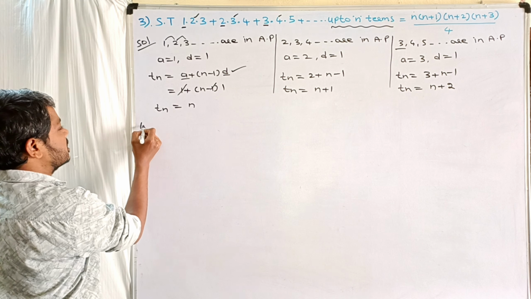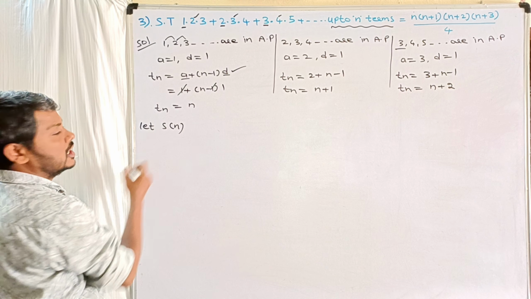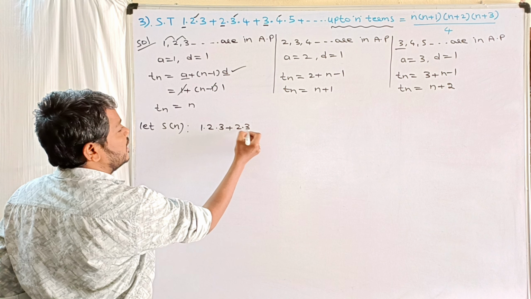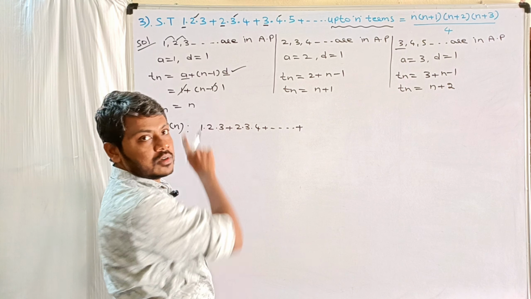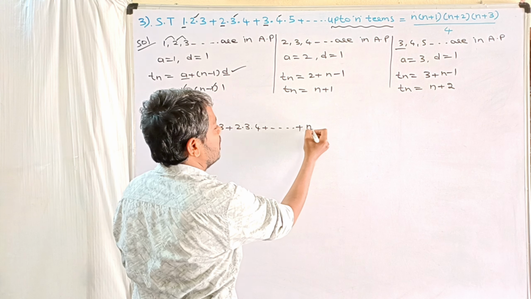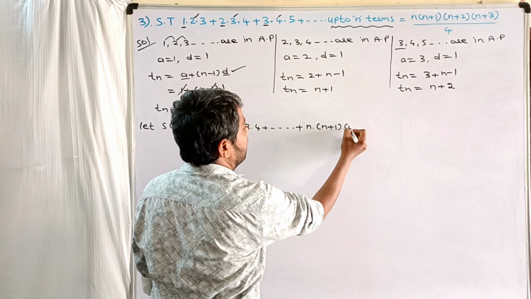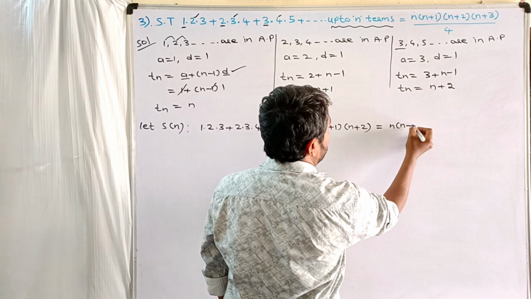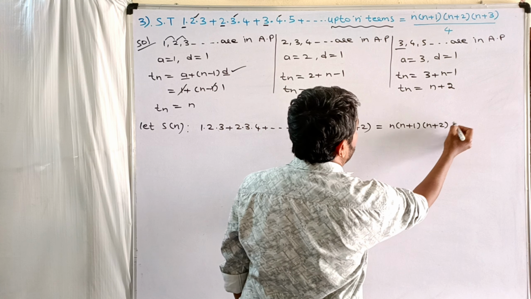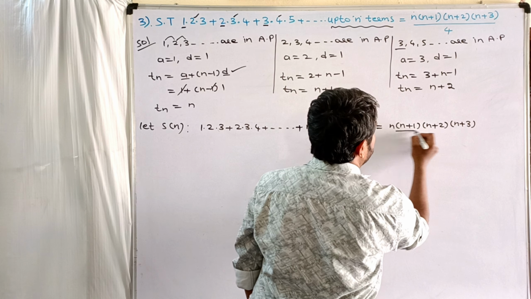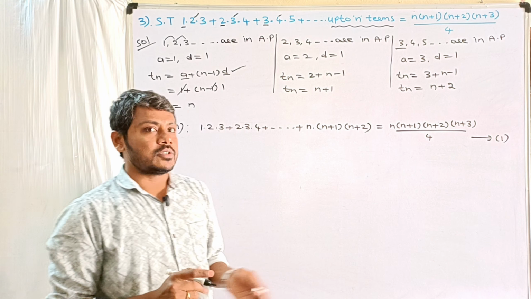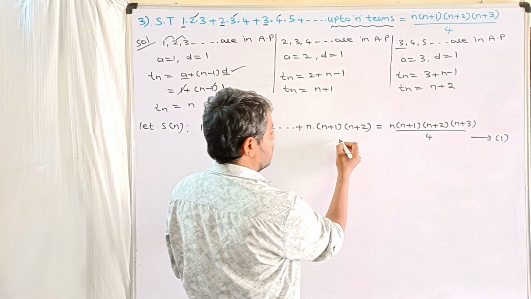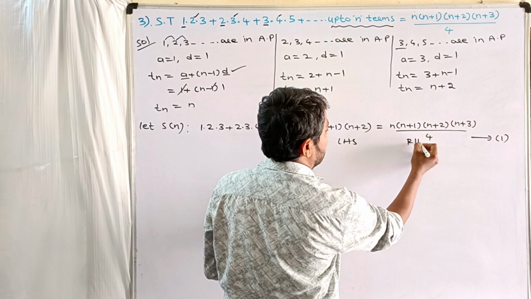So therefore we can write the statement, let S of n be 1 into 2 into 3 plus 2 into 3 into 4 and so on, with nth term n into (n plus 1) into (n plus 2), which is equal to n into (n plus 1) into (n plus 2) into (n plus 3) divided by 4. So clearly this is the given statement, which is the LHS and which is the RHS.